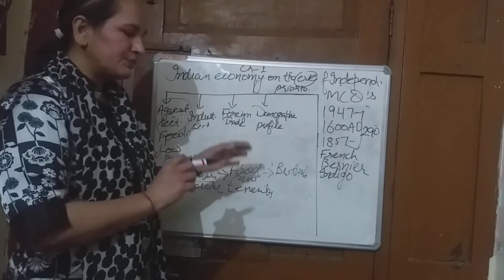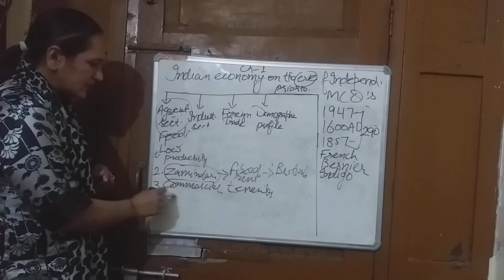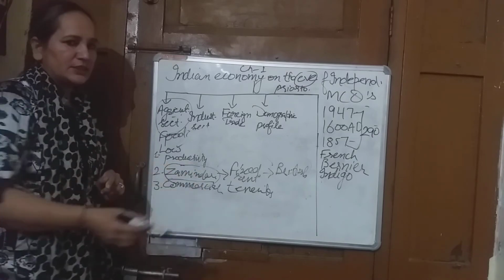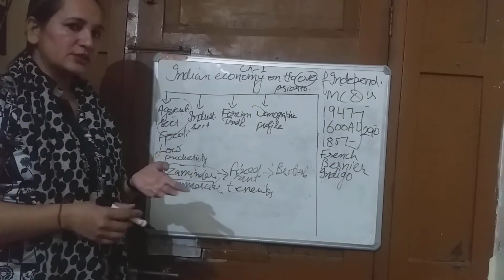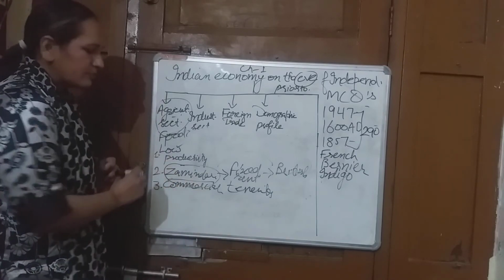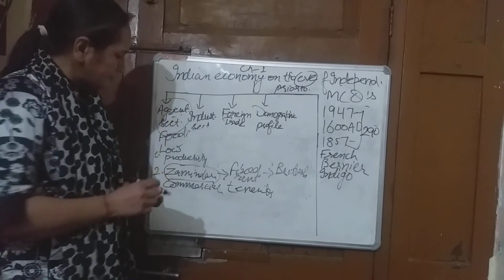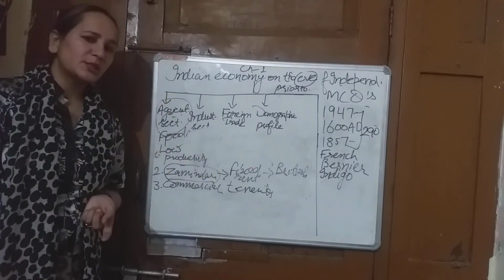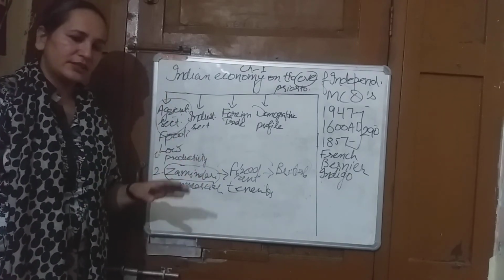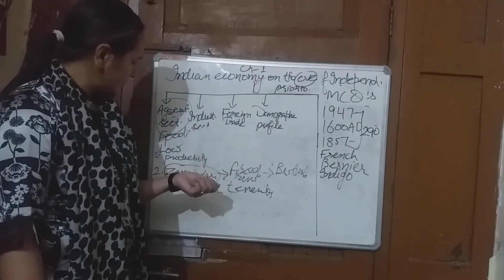The main purpose of indigo is just to sell it in the market. So from subsistence farming, the Indian farming sector moved towards commercialization of agriculture. Now the farmers were growing crops just to sell in the market. So the outlook of the farmers was completely changed. They started growing crops for earning profit.